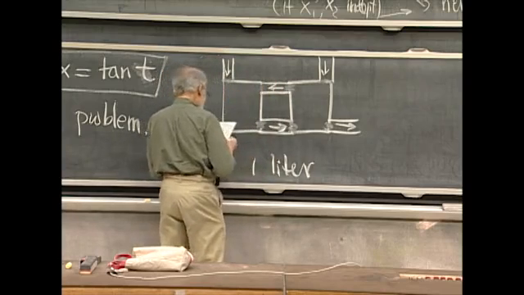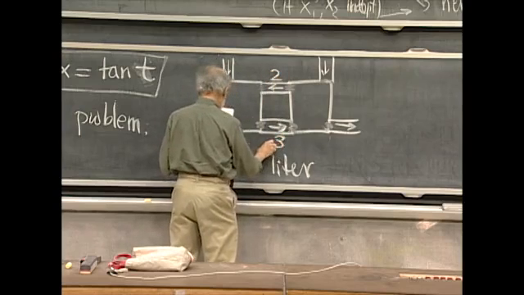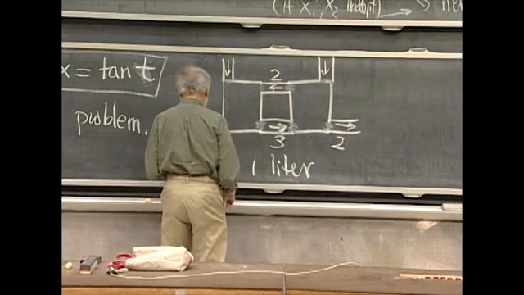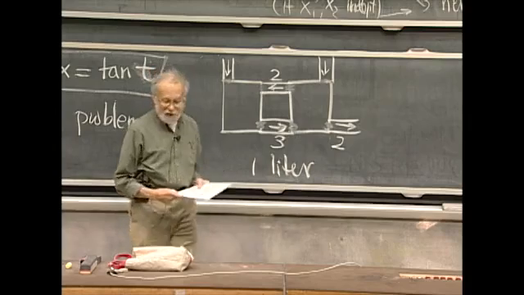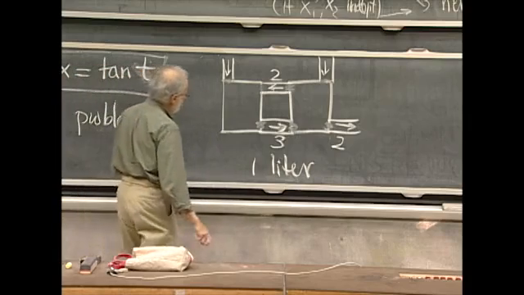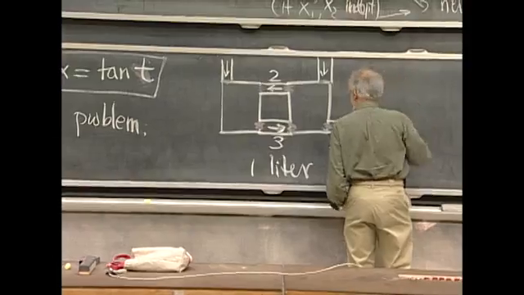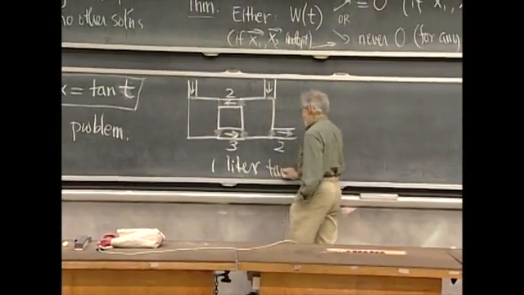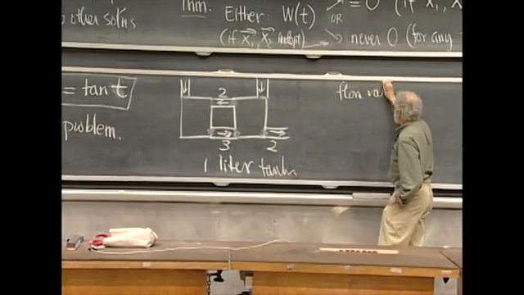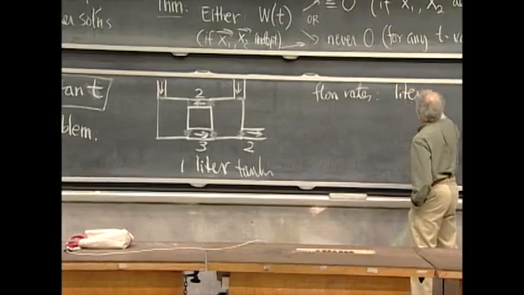Okay, so the numbers, 2, 3, 2. Let's start there and see what the others have to be. These are flow rates. So 1 liter tanks, the flow rates are in, let's say, liters per hour.